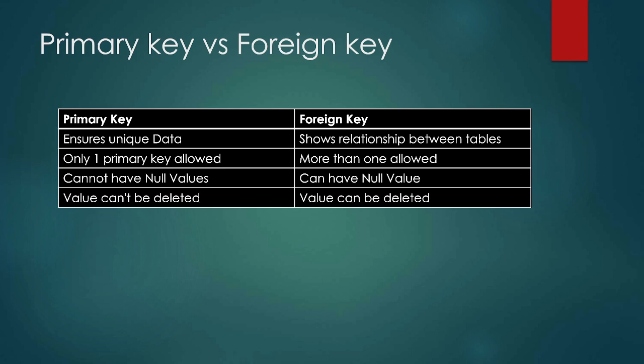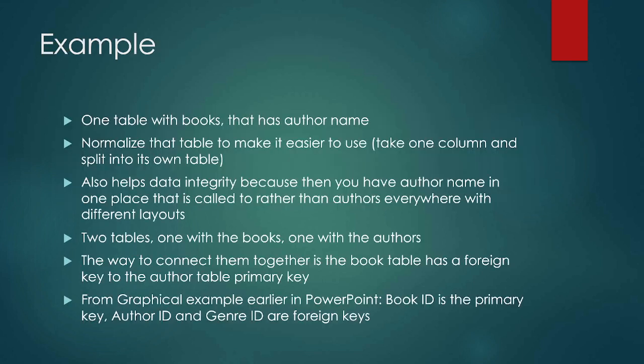So, a primary key ensures that we have unique data. Only one primary key is allowed, it cannot have null values, and its value cannot be deleted. Foreign keys, however, show relationships between tables. You can have multiple foreign keys, you can have null values, and they can be deleted. For example, let's say we have one table with books and then one with the author's name.